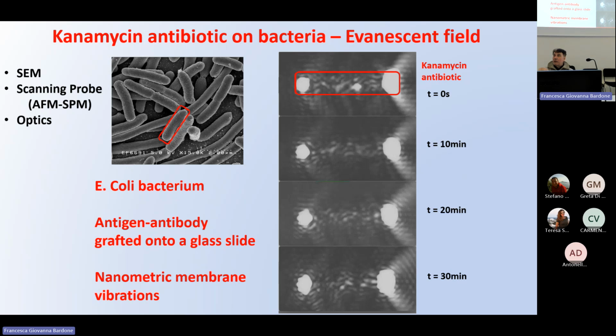So the idea to plan these experiments was: okay, I want to fix one bacterium. I'm not interested in the shape. I want to see only if the surface of the bacterium vibrates or not. And if I apply an antibiotic, how does the bacterium behave as a function of the vibration?